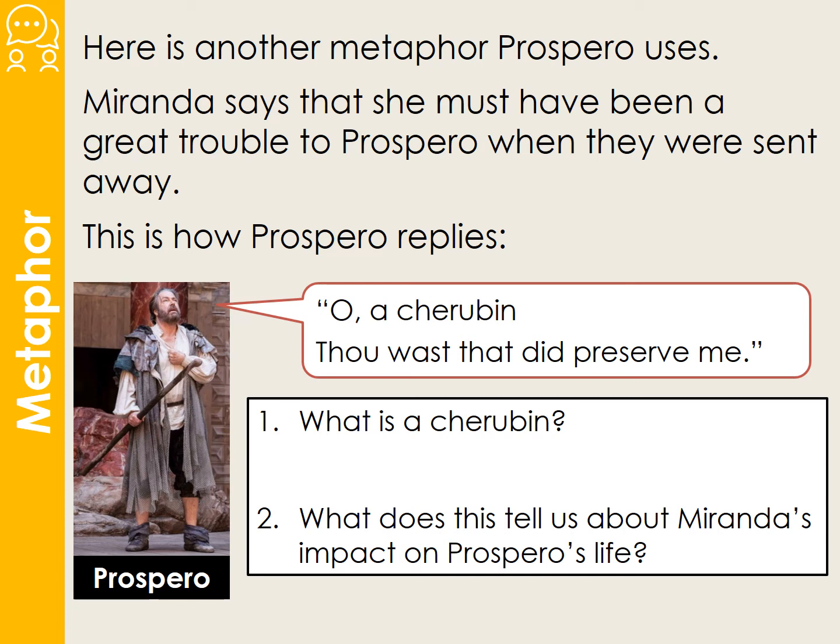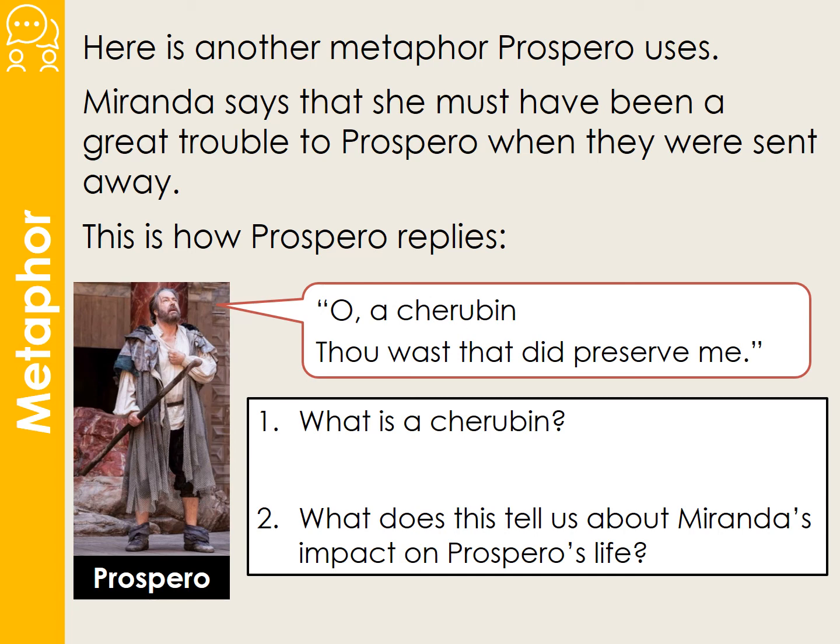So Prospero replies like this. "Oh, a cherubim, thou wast that did preserve me." Okay, so question 1, again you might like to write these ideas down or just think about them. Number 1, what is a cherubim? Number 2, what does this tell us about Miranda's impact on Prospero's life?